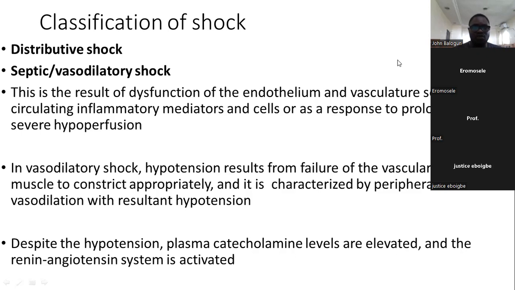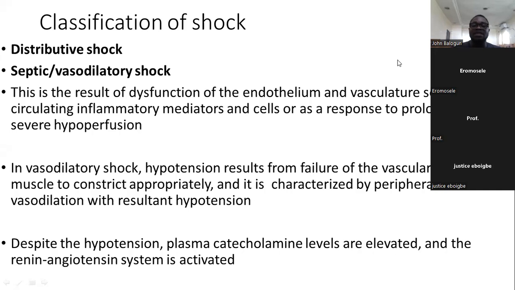So let's continue. Now, how does septic shock present? Commonly, the classical feature you get in septic shock is in the pulse rate. That's where you get to differentiate septic shock from the other types of shock. Commonly, the pulse is bounding.